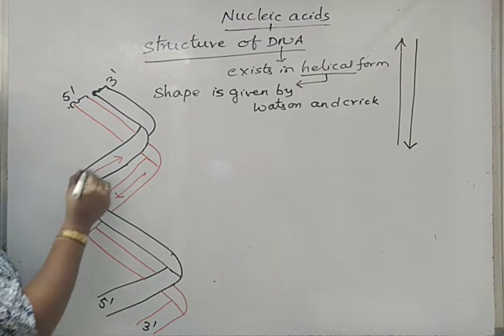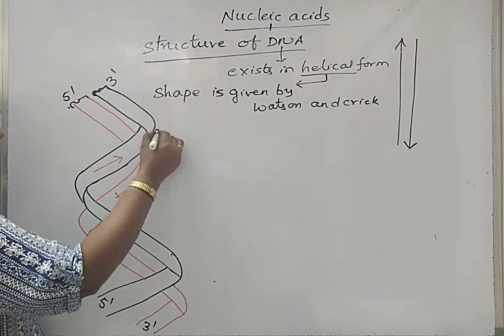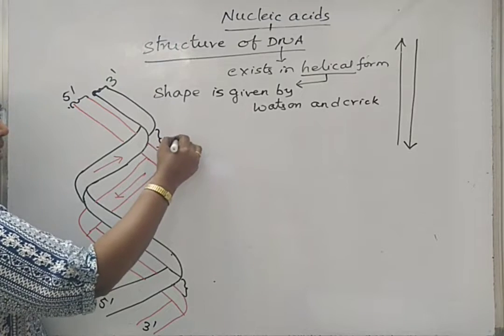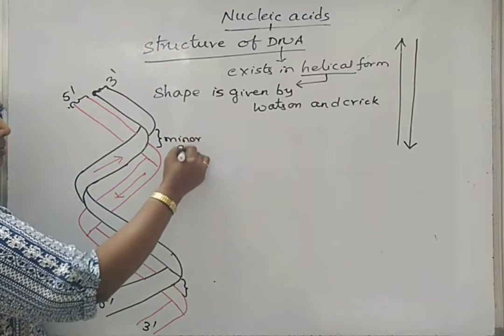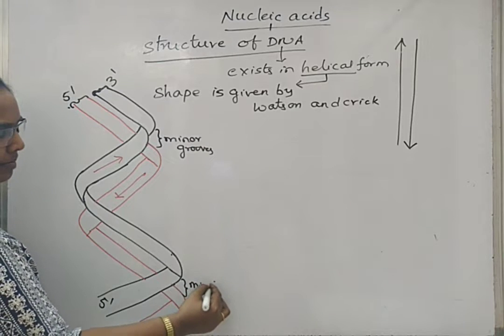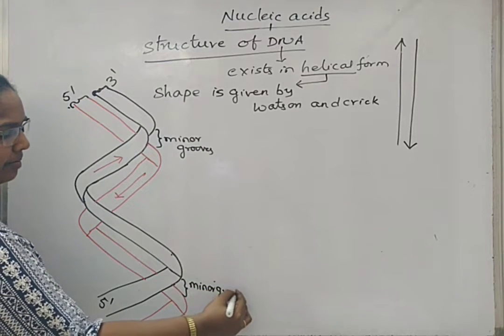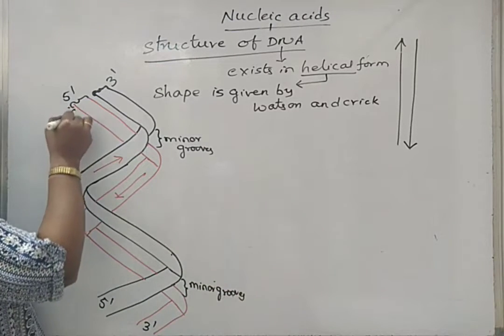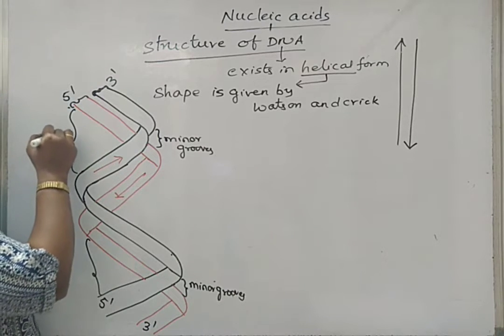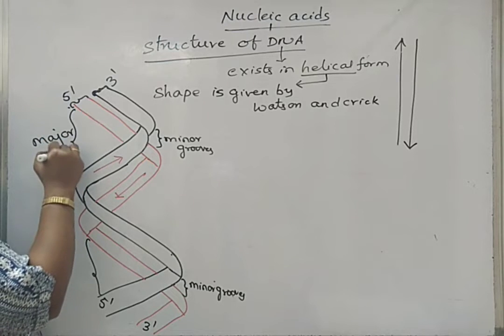Now, there are small grooves here and here. These are called as minor grooves. There are very big sized grooves here. These are called as major grooves.